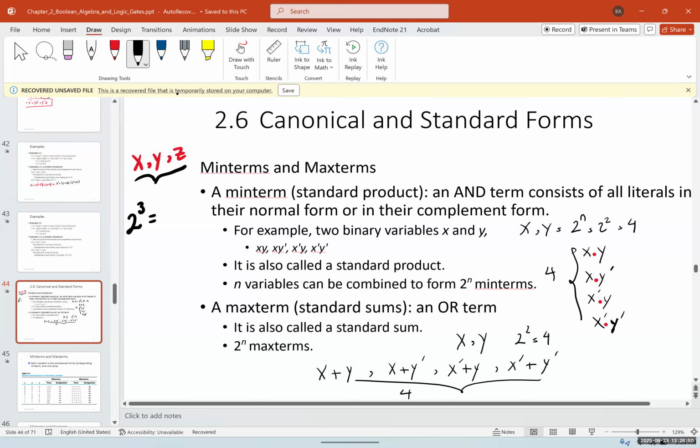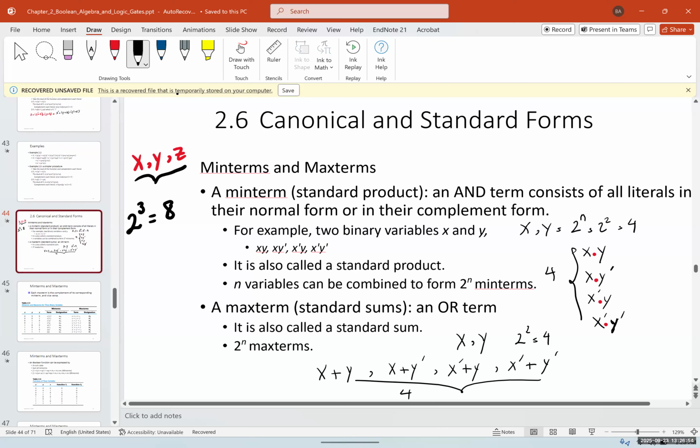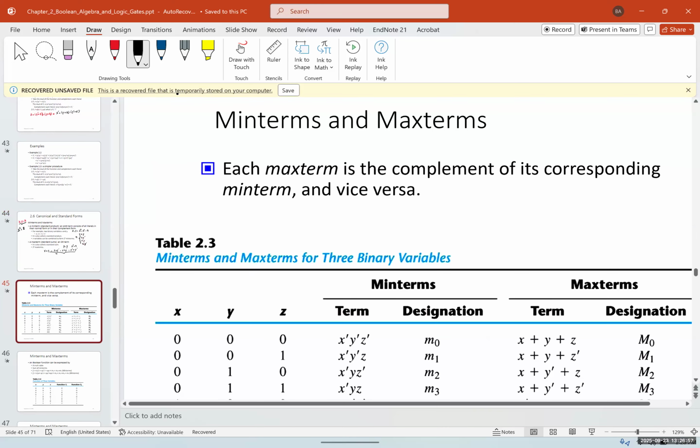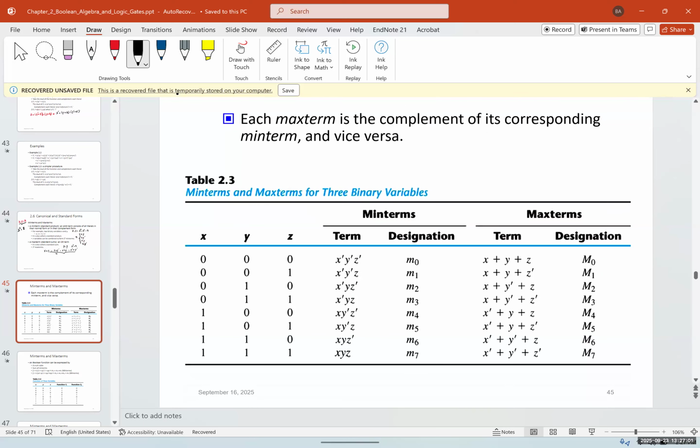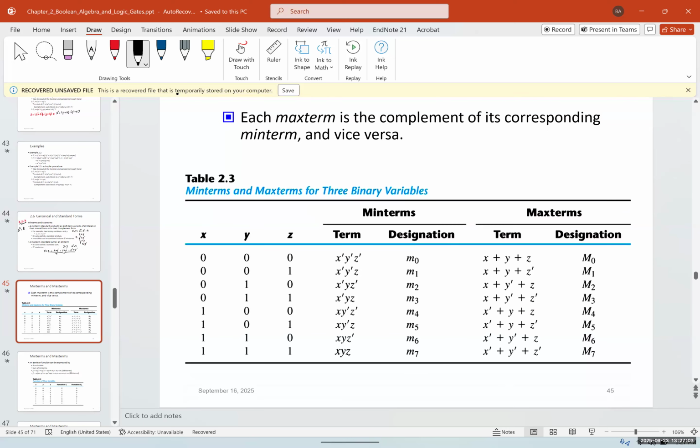Yes, thank you. 2 to the power of 3, we would have 8. And for 8, it's shown over here. So you can see that if I have x, y, and z, I would have 8 different max terms and 8 different minterms. And we show the minterms with the lowercase m from m0 to m7, which gives us 8.